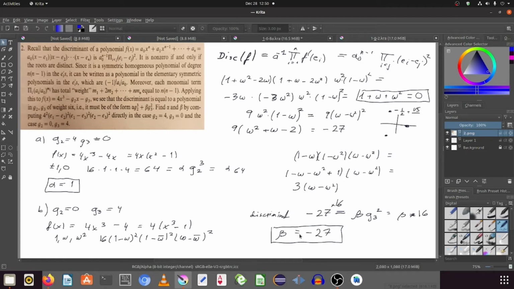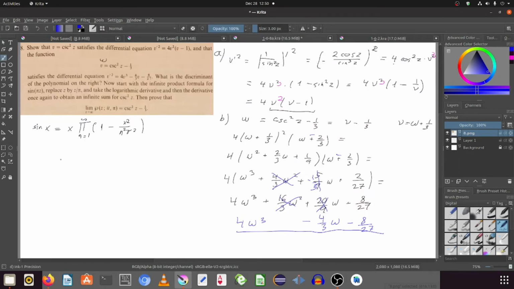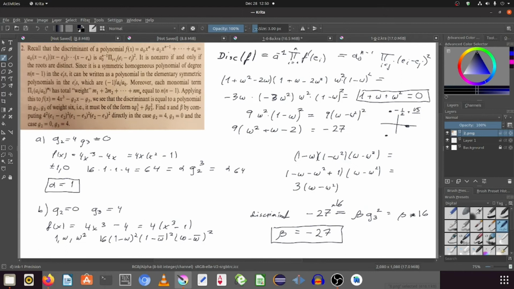There are answers to the problems back in the back of the book. So I have checked that this is correct. So it's called capital D equals g2 to the third minus 27 g3 squared, wasn't it? Yeah.